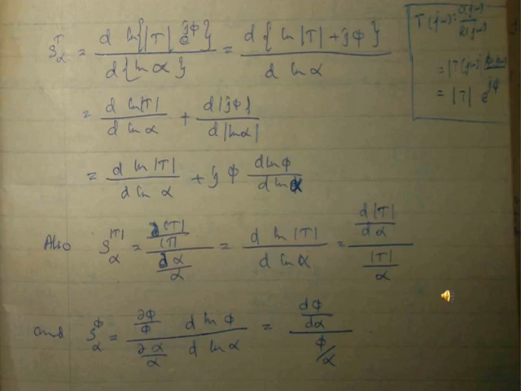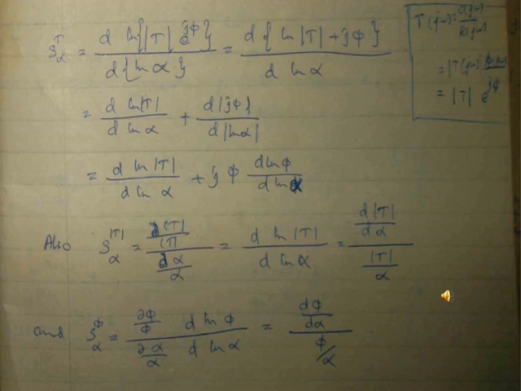So we can also continue to calculate S T alpha, which is equal to d ln of T magnitude e power j phi divided by d ln alpha. That will be d ln T magnitude plus j phi divided by d ln alpha. So that will be d ln T magnitude divided by d ln alpha plus j d phi divided by d ln alpha. So S T magnitude alpha is equal to dT by T divided by d alpha by alpha, which is d ln T divided by d ln alpha.